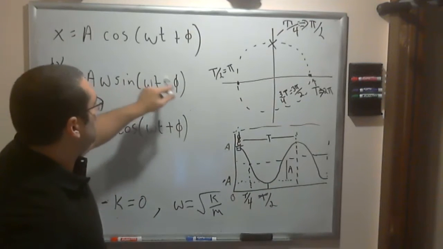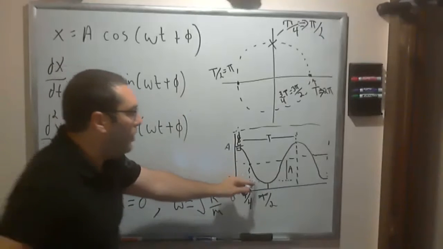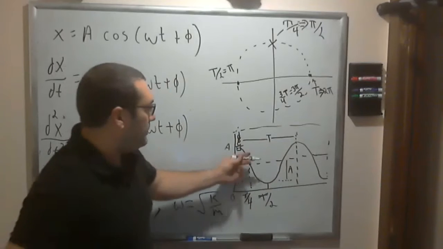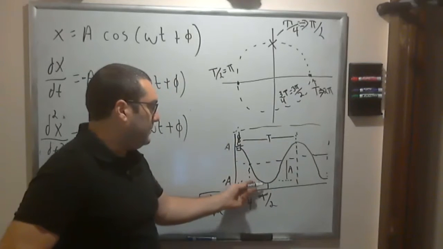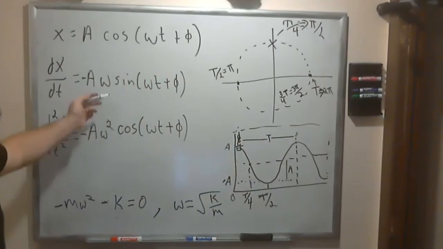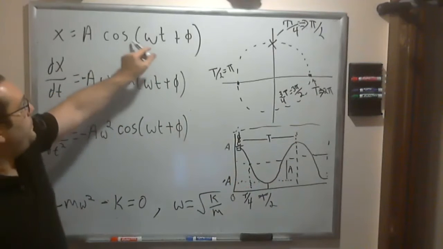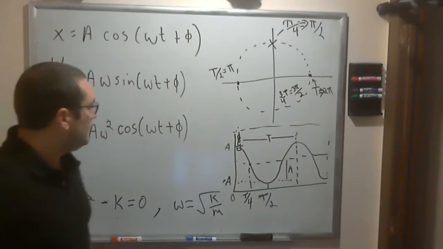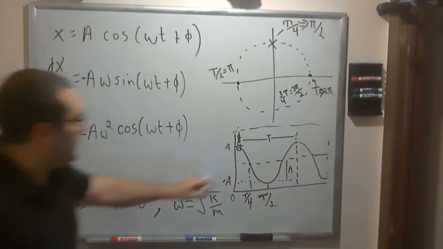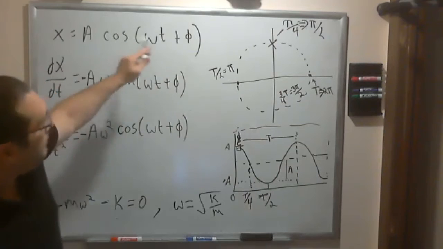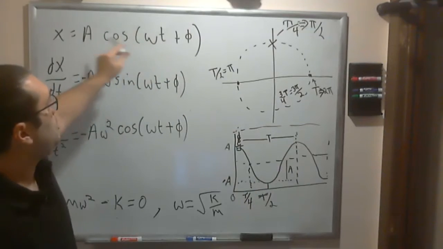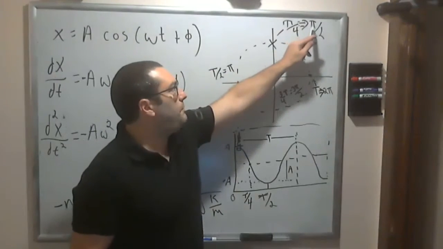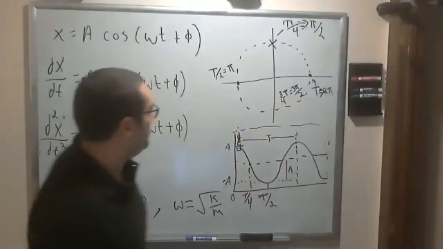And inside the argument of the trig function describes where we are along the cyclical motion. Do we depress the spring all the way down to -A? That would correspond to this whole argument being equal to pi, and so on and so forth. Are we at the equilibrium position? Well, that would correspond to the argument being either pi over 2 or 3 pi over 2.